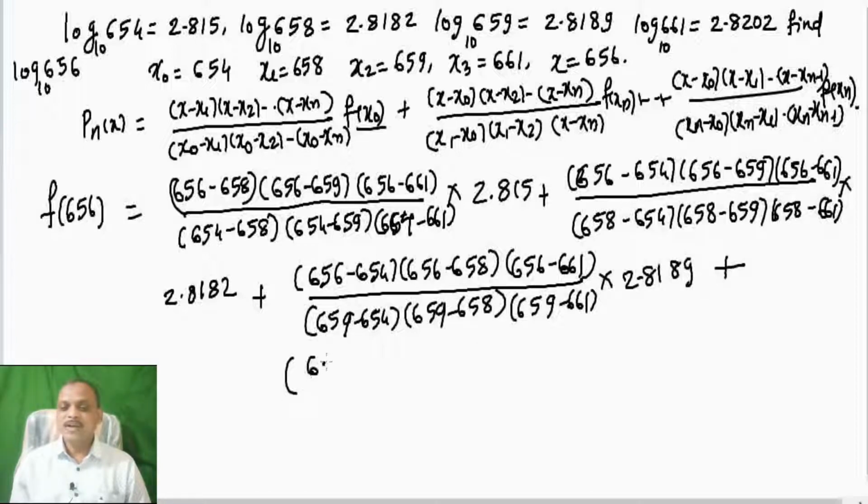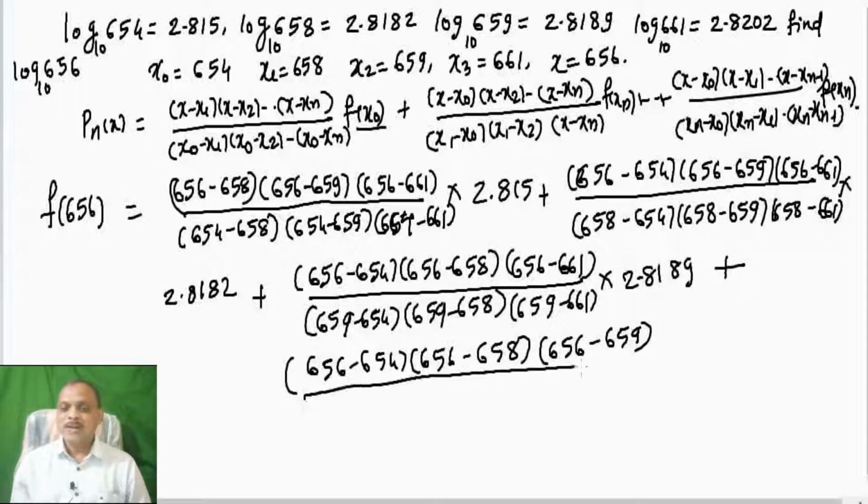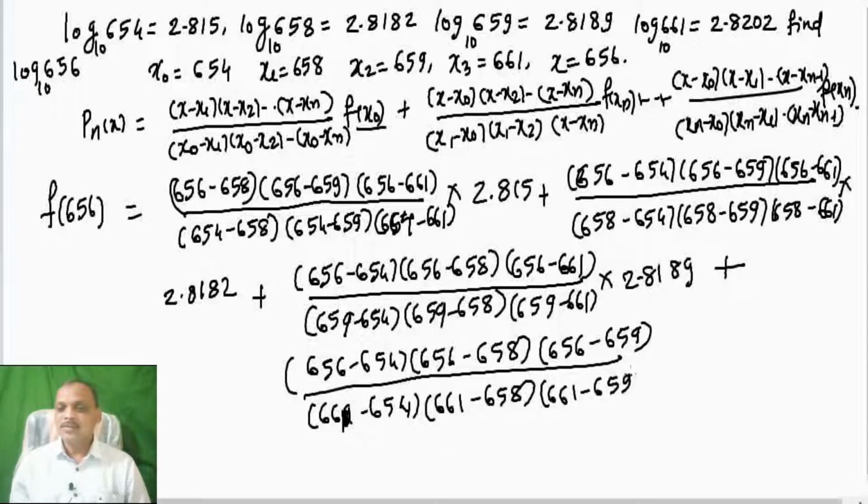656 minus 654, into 656 minus 658, 656 minus 659, divided by 661 minus 654, 661 minus 658, 661 minus 659, into f of x3, which is 2.8202.